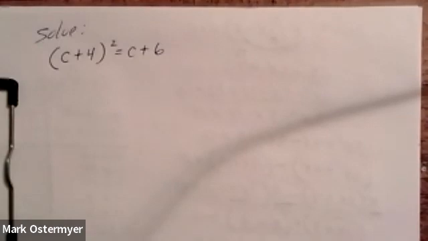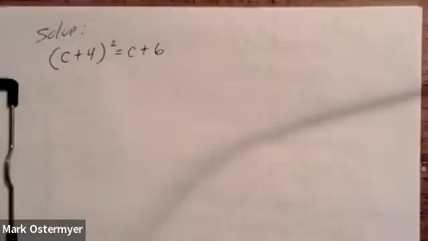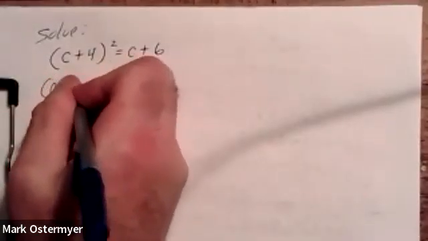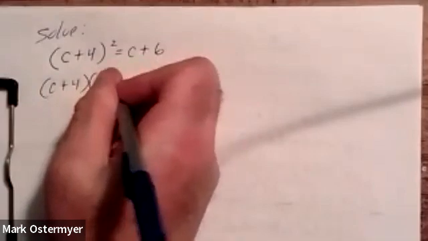I have two of the C plus 4s. Yeah, we have to multiply C plus 4 by itself, so C plus 4 times C plus 4. We have to FOIL this out on the left side of our equation. We don't have any choice but to do so.